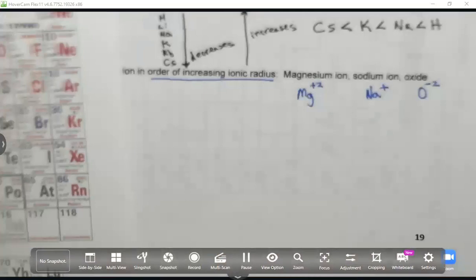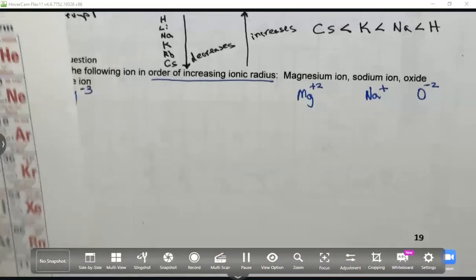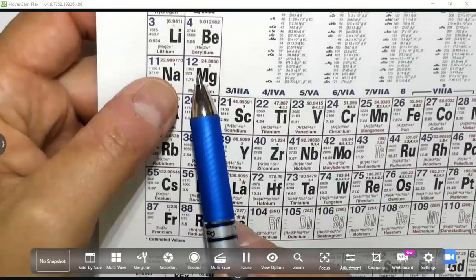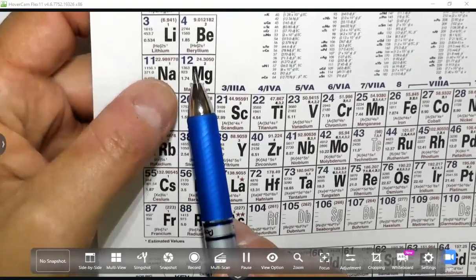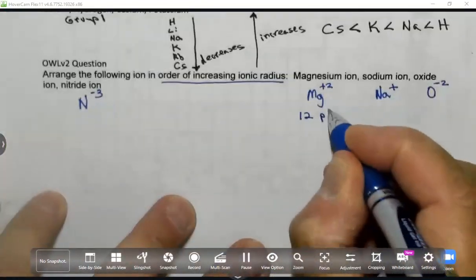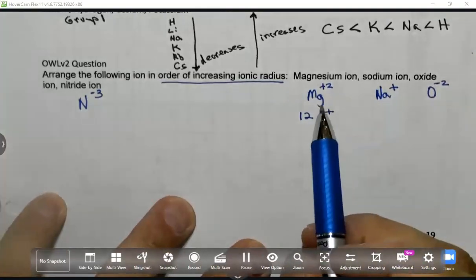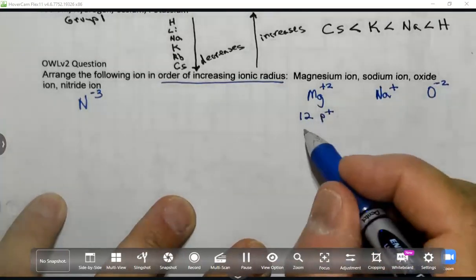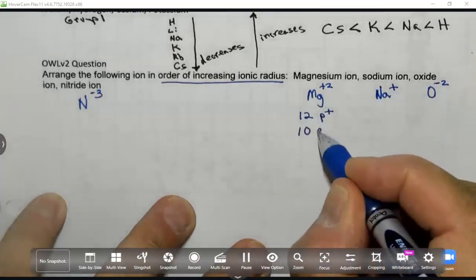All right, so let's look at this a little bit. Magnesium, how many protons? 12 protons, right? So this magnesium has 12 positive protons. If it's got a +2 charge, how many negative electrons? 10 electrons.